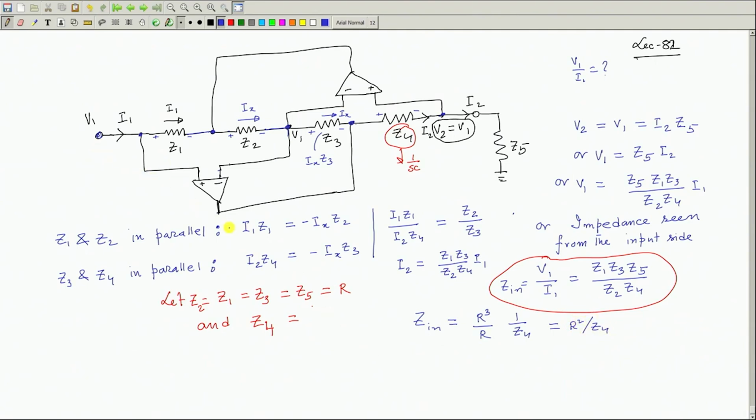Therefore, the input impedance seen is the reciprocal of Z4.